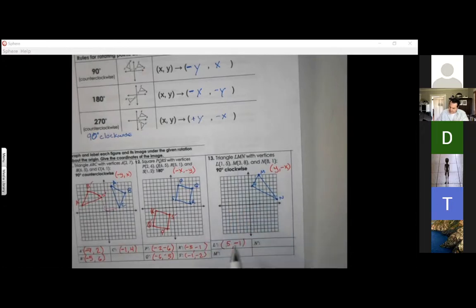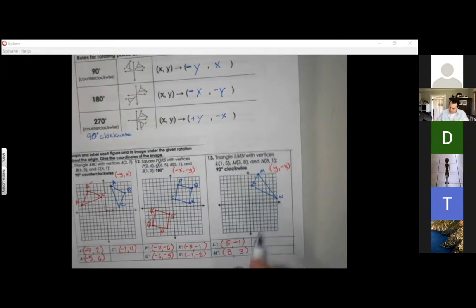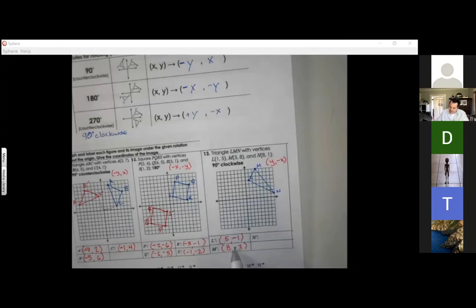So then M, instead of being 3, 8, will be 8, 3. And the second one, the new Y value, has to get a negative. Instead of 8, 1, it's going to be 1, 8. And the second one needs a negative. And then I can plot that.